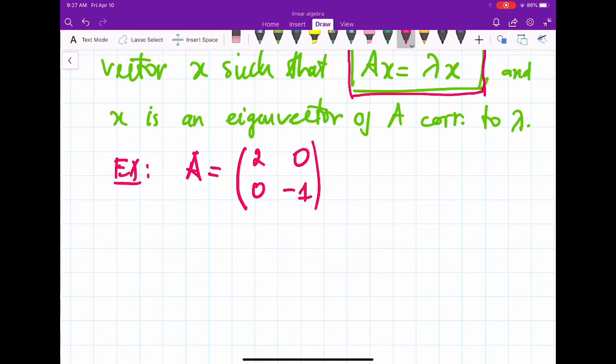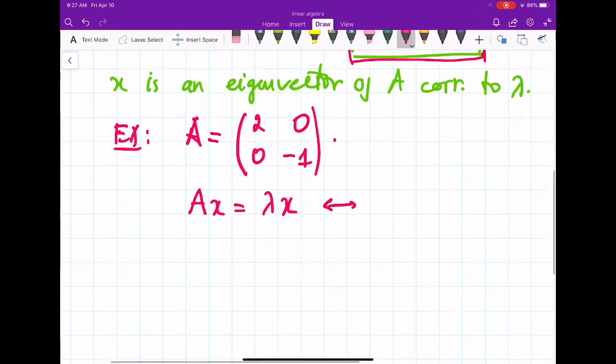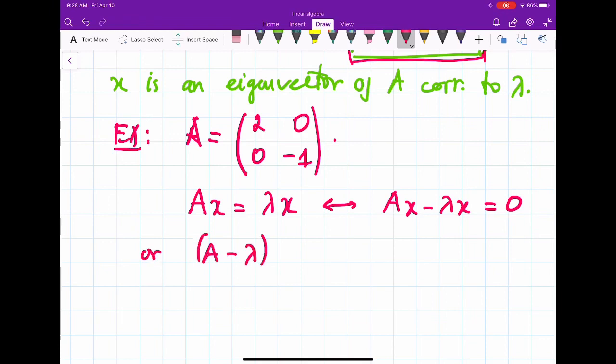So basically, I have to consider the following one. Ax equal to lambda x, right? Since A is linear, from this equality, I have Ax minus lambda x equal to 0, right? Or A minus lambda I times x equal to 0.